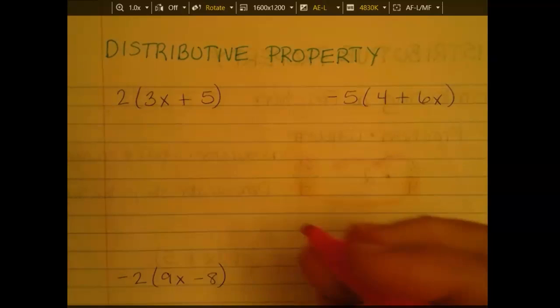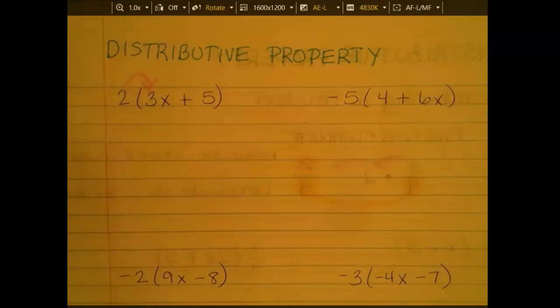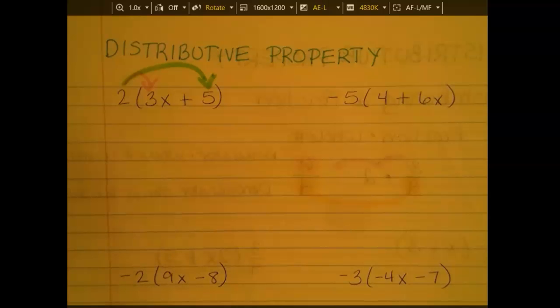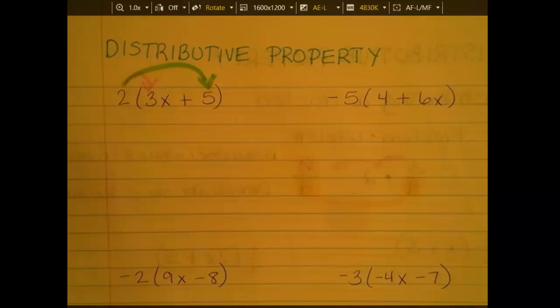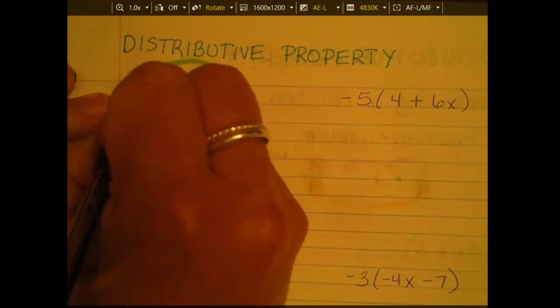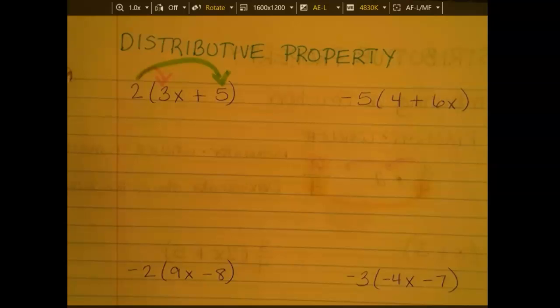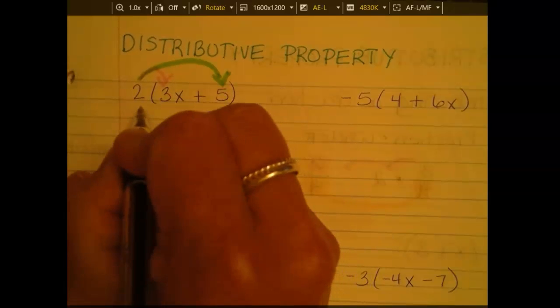Okay, so I'm going to use my colors again for the connections, right? So we're doing a multiplication of 2 times 3x and a multiplication of 2 times positive 5. Do you see how I thought of the plus here as the positive that goes with the 5 for my multiplication, right? This one is all positives because I wanted to just focus on the multiplication here. 2 times 3 is 6, so this one has an x, so it is 6x.